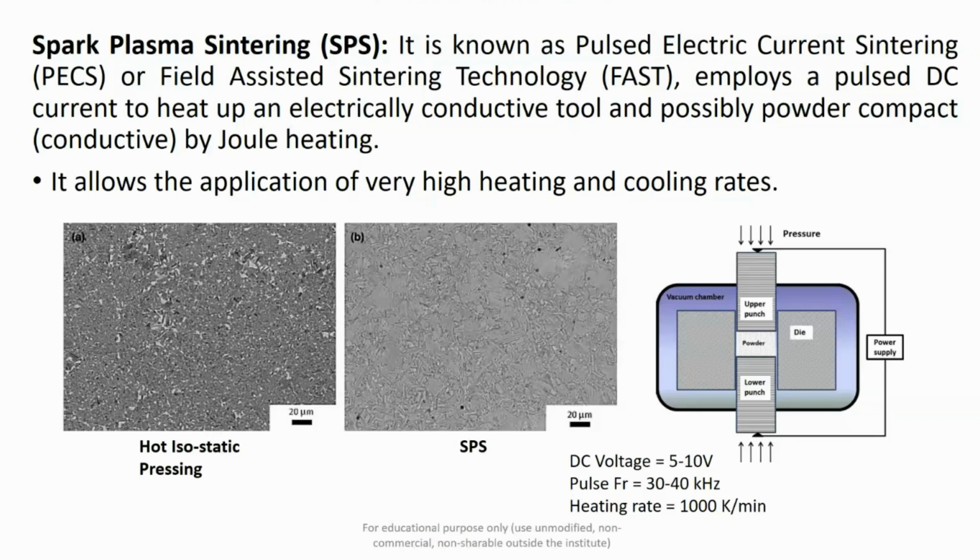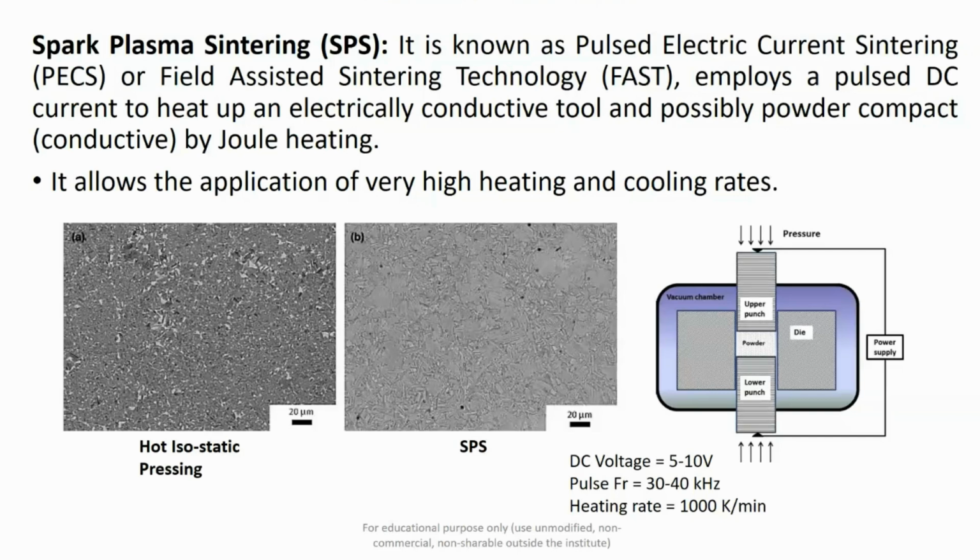We have already seen that in the sintering process there is a diffusion of atoms, and then slowly the neck formation takes place. So due to this arcing and plasma, the material is localized on the surface, and you achieve good bonding among the particles.